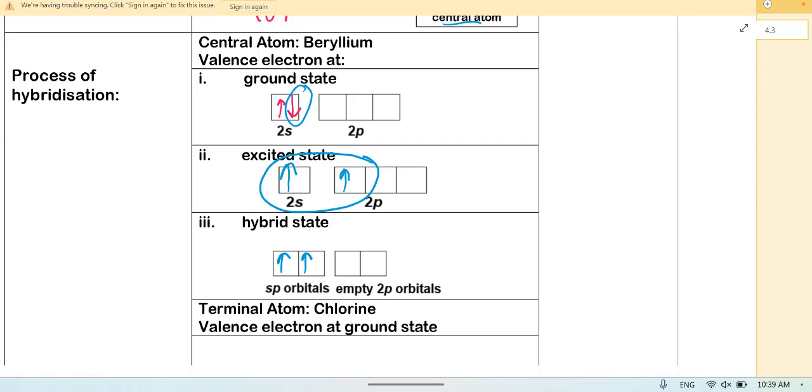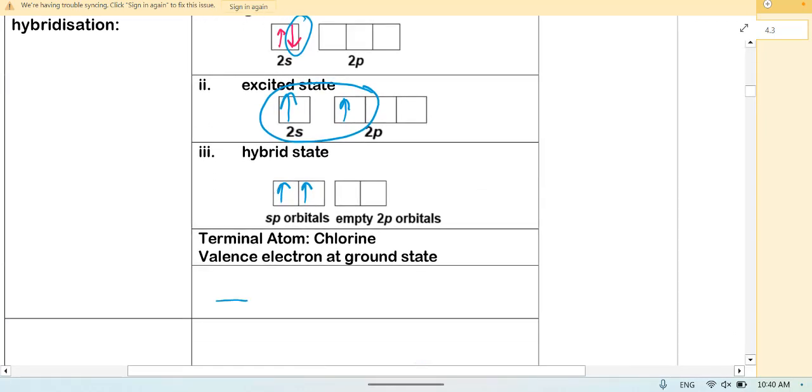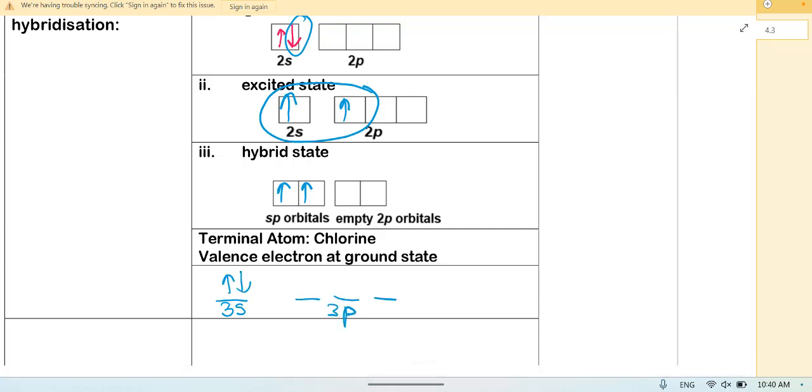When the electrons are like this, beryllium can make a bond with chlorine. For chlorine, there is no need to use a hybrid orbital, because chlorine has 7 valence electrons and the electron we use for the sigma bond is this one.